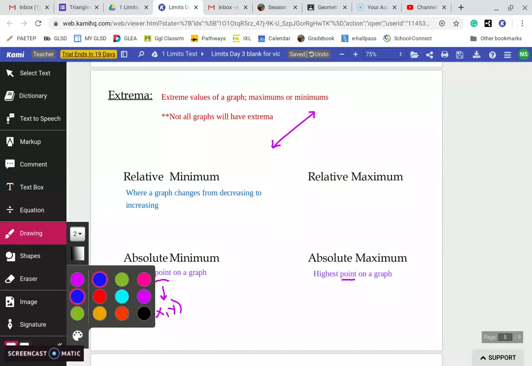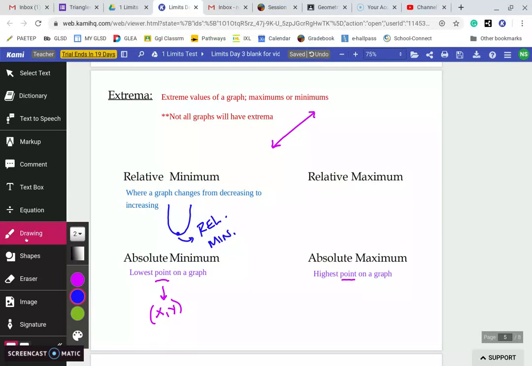If it is decreasing and then it changes to increasing, that point down here is going to be a relative minimum. So you want to think about relative minimums as being valleys. We talk about peaks and valleys or hills and valleys. All relative minimums are going to be valleys.